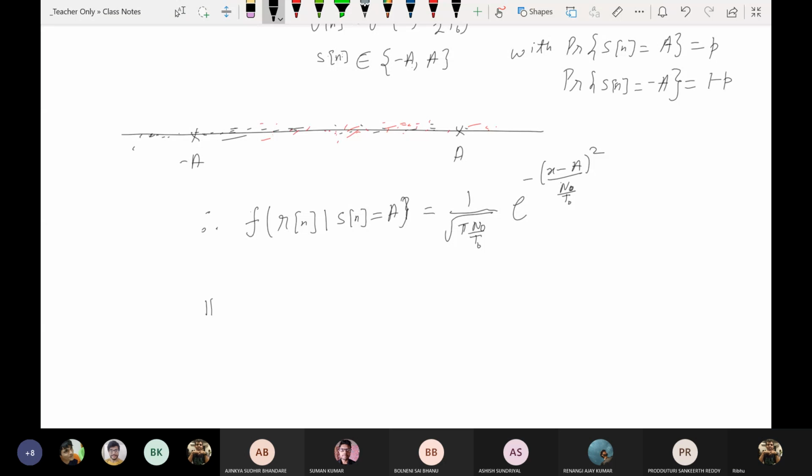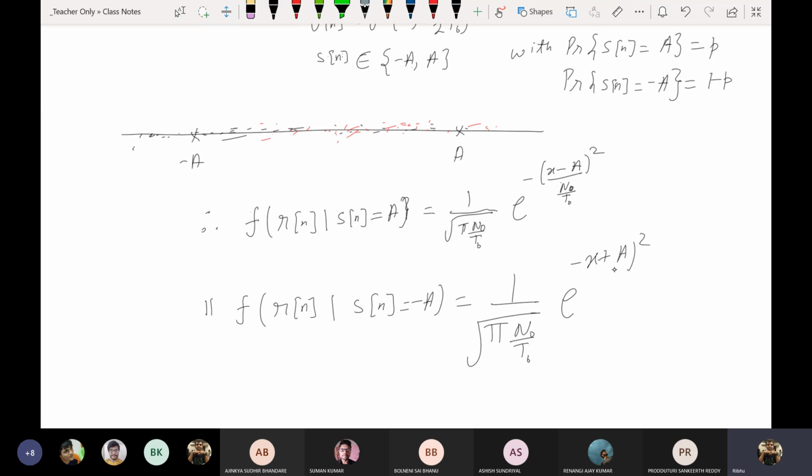Similarly, if Rn given Sn equals minus A, the whole square. Fine. These are okay.